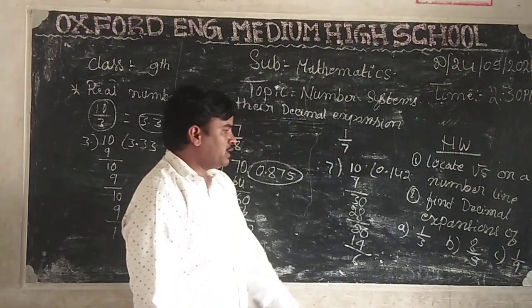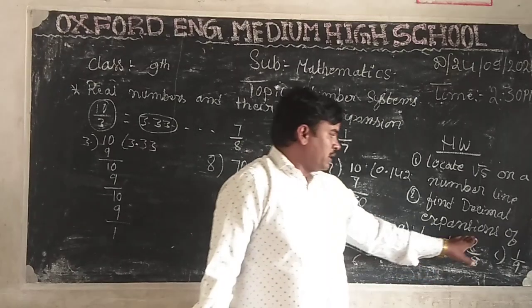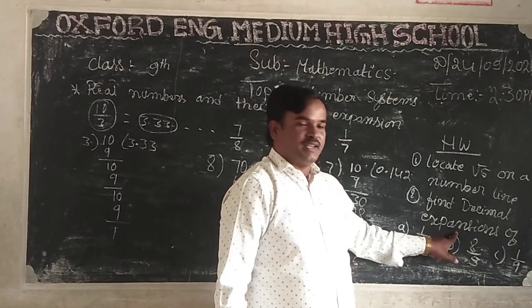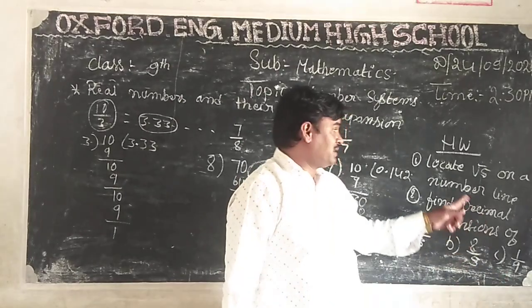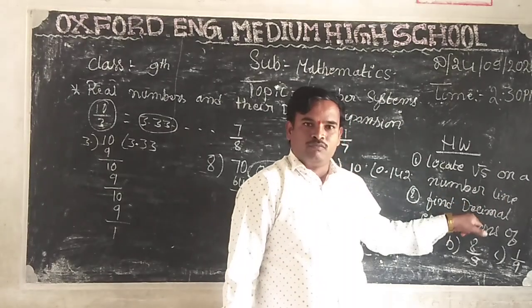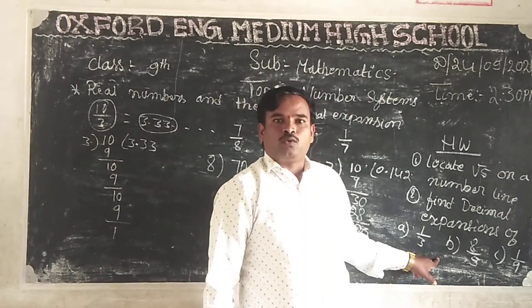Here students, you take 1 by 3, 8 by 5, 1 by 9, and find the decimal expansion for all three. And the second question, how to locate root 5 on a number line. So these two questions you take for homework.